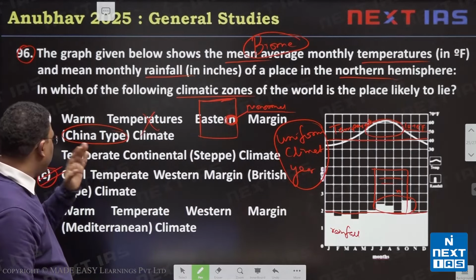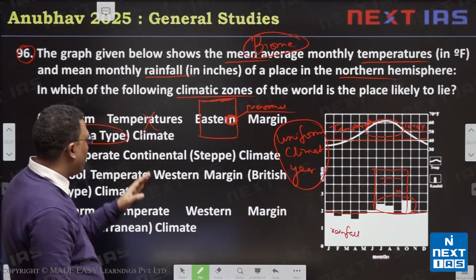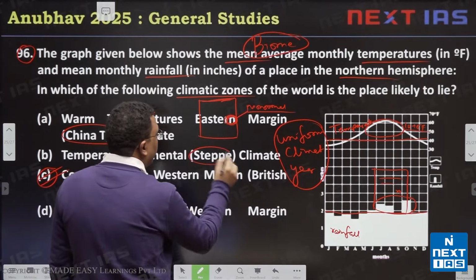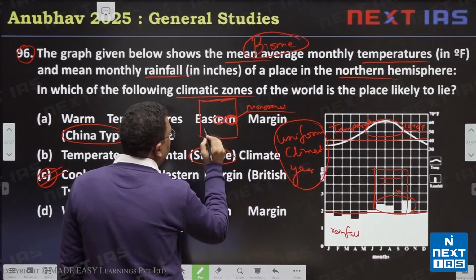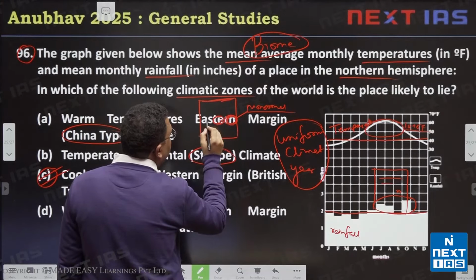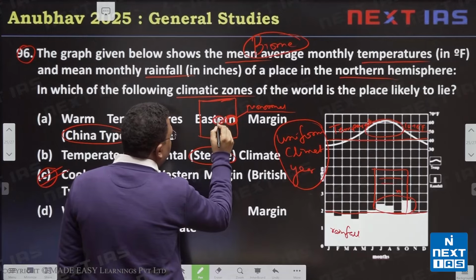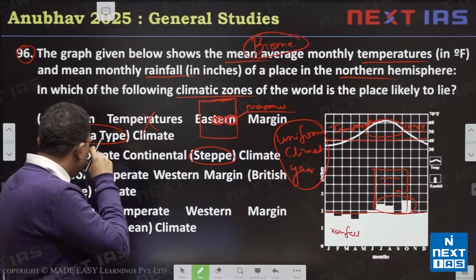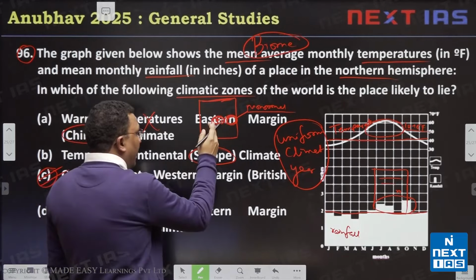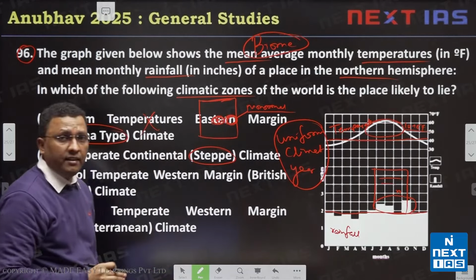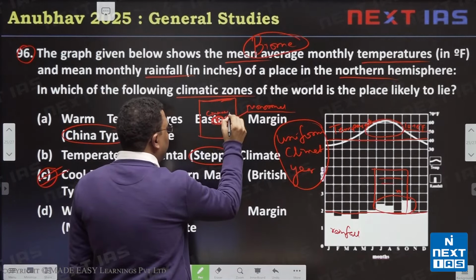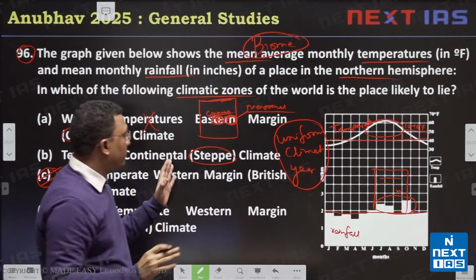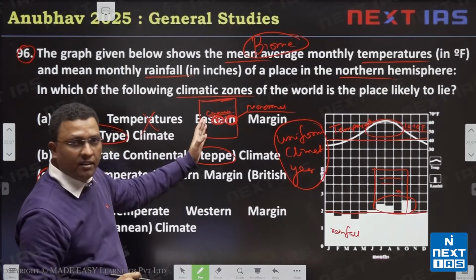So this is eliminated, right? Now if we discuss option B, this is temperate continental steppe climate. Steppe climate is found just on the left side of China type, in the middle of the continent. Because they lie in the midst of the continent, they will have continental climate. Continental climate means they will not have maritime influence on their climate.